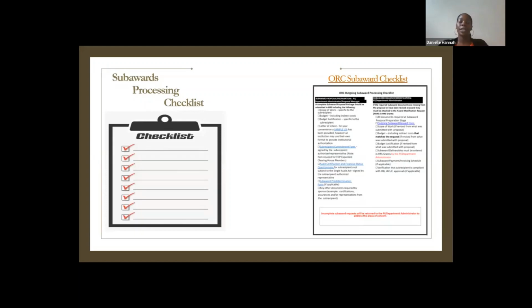Then we require our subrecipient commitment form. Our audit certification and financial status questionnaire, we also require that. If the subrecipient is not subject to the Single Audit Act, then they have to fill out that form. And then we have our subaward predetermination form, which is what Tamara discussed earlier. If there is some kind of confusion or we're not sure, that is also something that we do at the time of proposal.